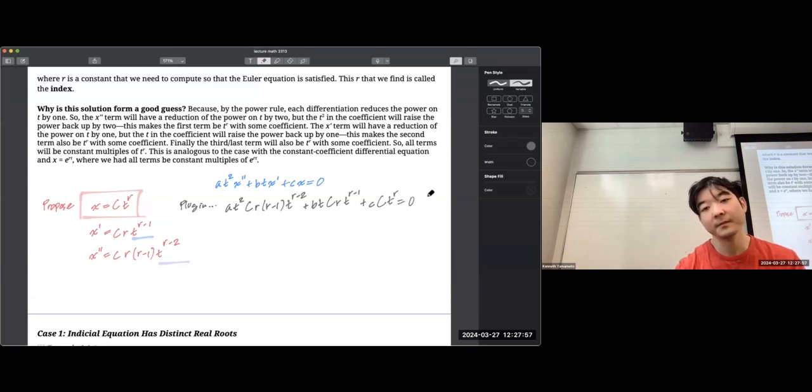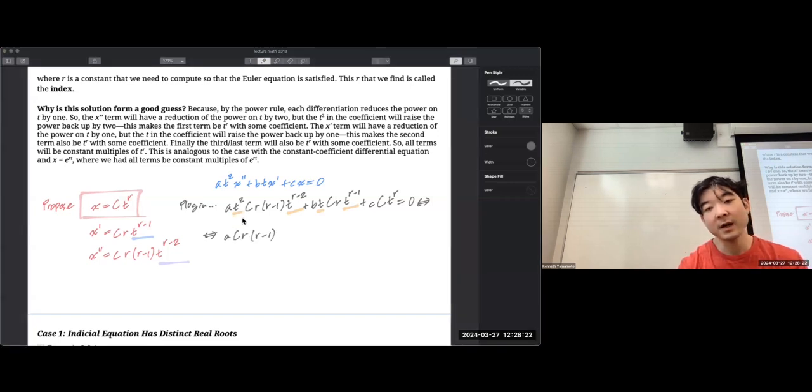is equal to 0. And then you'll see that, like we said before, you can combine this t squared and this t to the r minus 2, and this t and this r minus 1, those all combine so that you'll get a capital C, r, r minus 1.